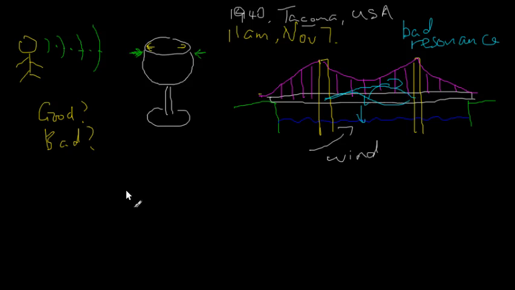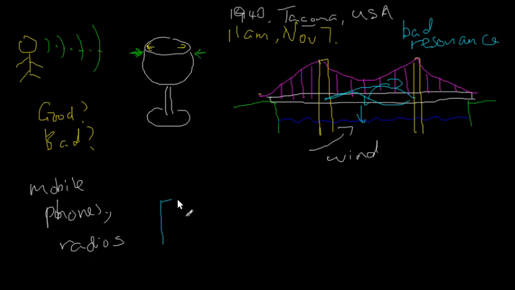And maybe just one final example would be, let's say we are all familiar with our mobile phones today. And in slightly older days, we have radios. Whether mobile phones or radios, there are antennas, right?